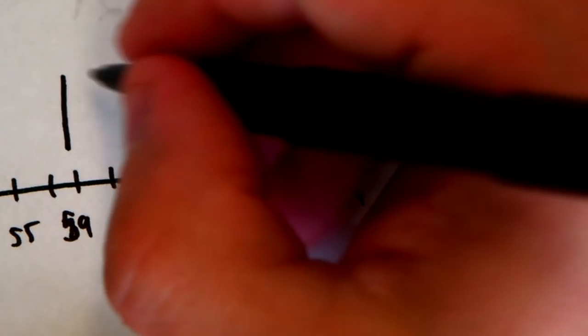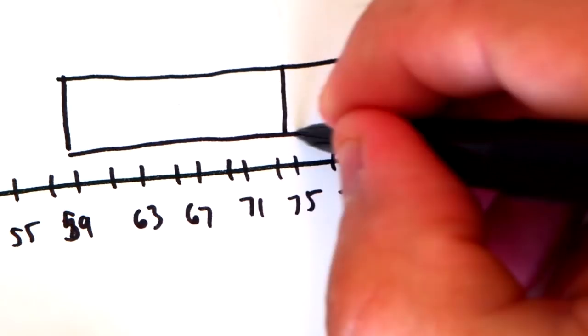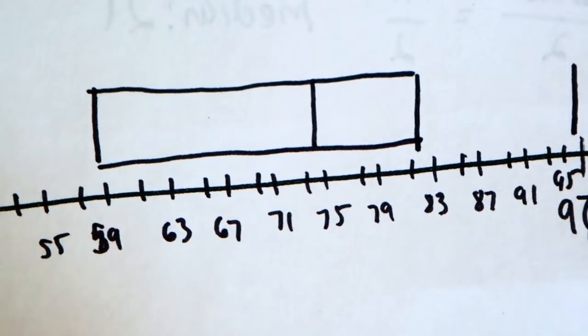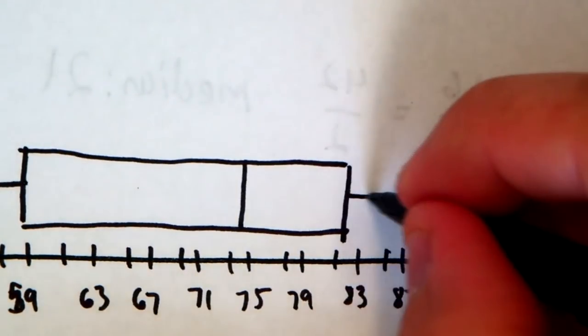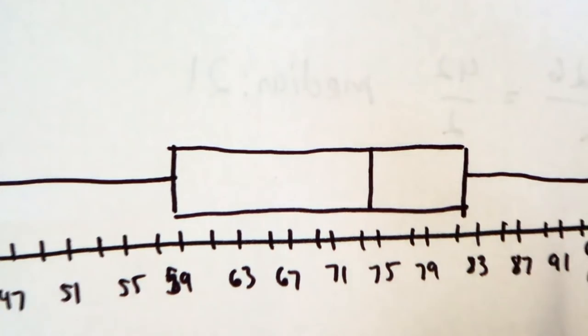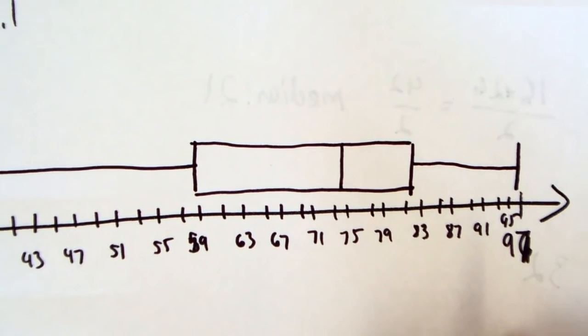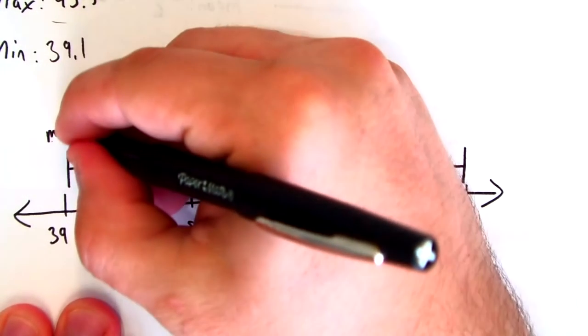Now I'm going to connect these middle three lines to make a box. And these outside lines I'm going to connect through the middle to make what is called whiskers. So here's my box and whisker plot.